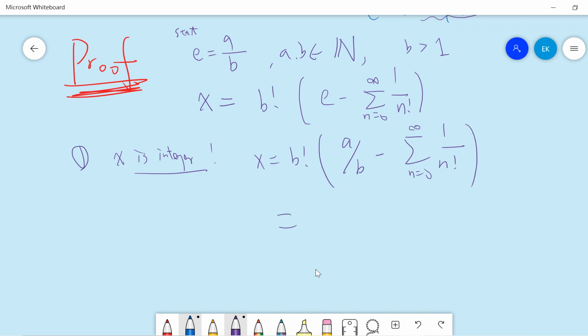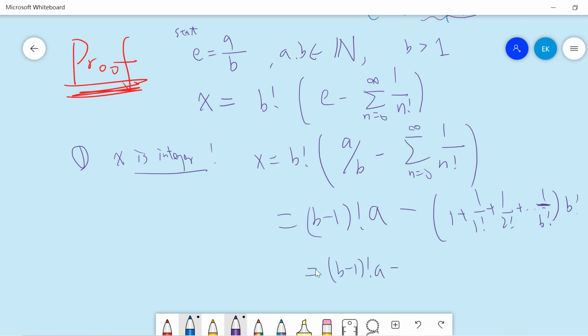The first term is (b minus 1) factorial times a, minus b factorial times (1 plus 1 over 1 factorial, 1 over 2 factorial, up to 1 over b factorial).